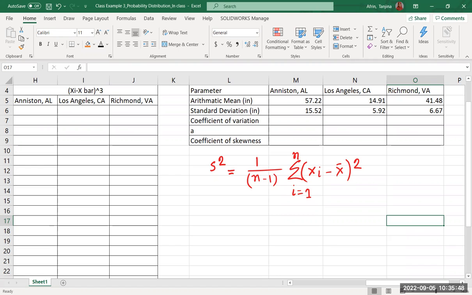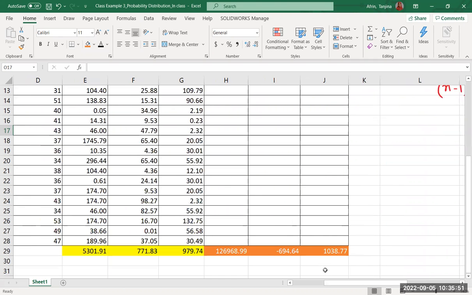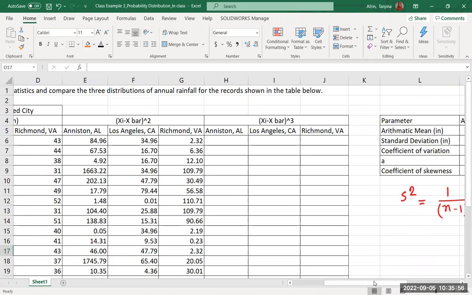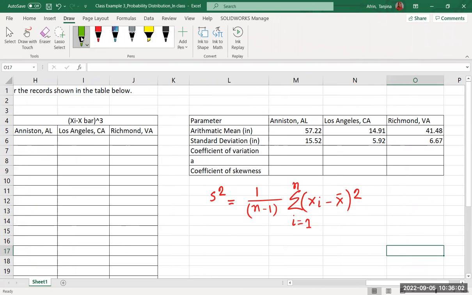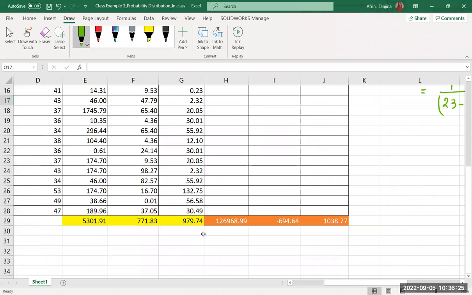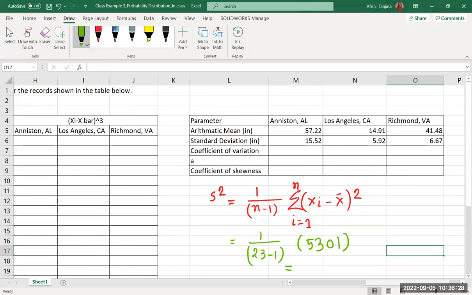Okay, it seems some of you are a little bit confused. So what we will do, this 5301 is the summation for Alabama, right? 5301. So what we will do here, one over 23 minus 1, times 5301. What is that number? That is the square. Can anyone give me that number? 241.09, something like that.